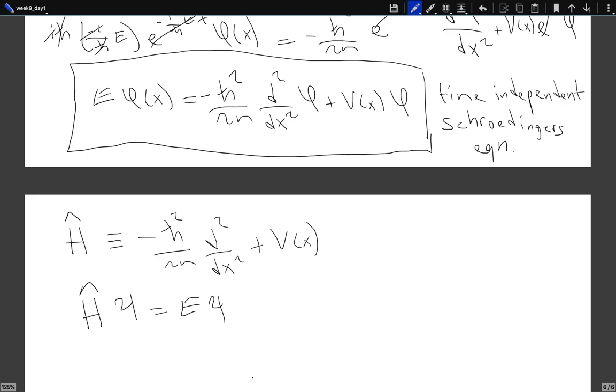When I make these operations on this wave function, what I should obtain is exactly the same wave function with a coefficient in front. This is an eigenvalue equation, and E is the eigenvalue, and psi is called the corresponding eigenfunction.